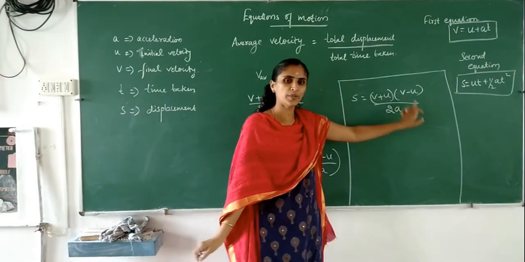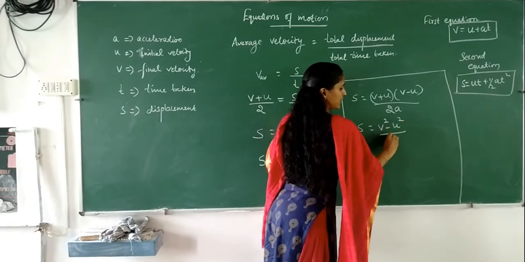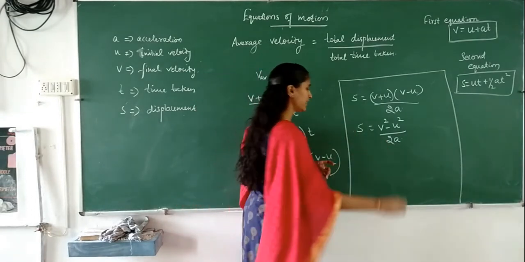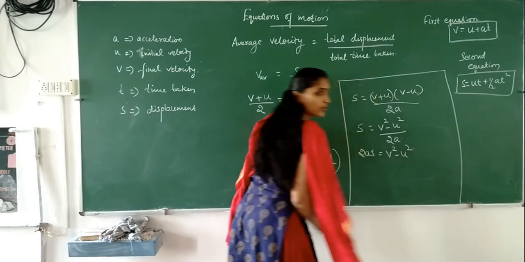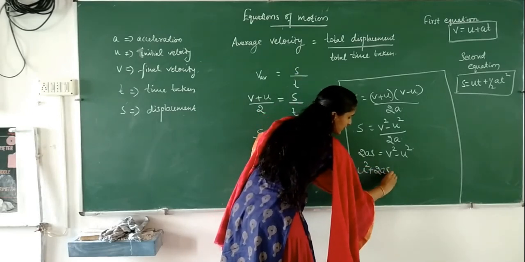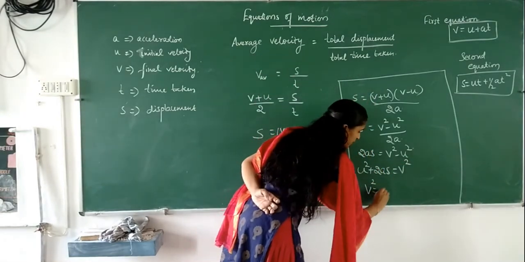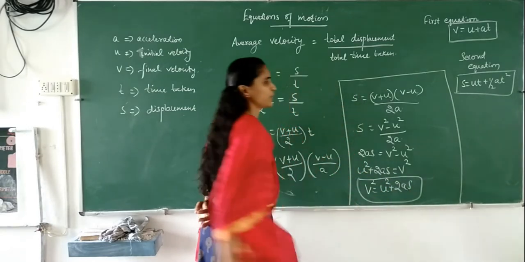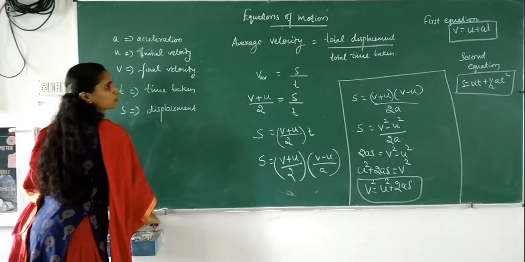What is v plus u into v minus u? That is v square minus u square. So s equal to v square minus u square divided by 2a. And 2a we can cross multiply here. So 2as equal to v square minus u square, or minus u square can be taken to this side: u square plus 2as is equal to v square. So our third equation is v square equal to u square plus 2as.